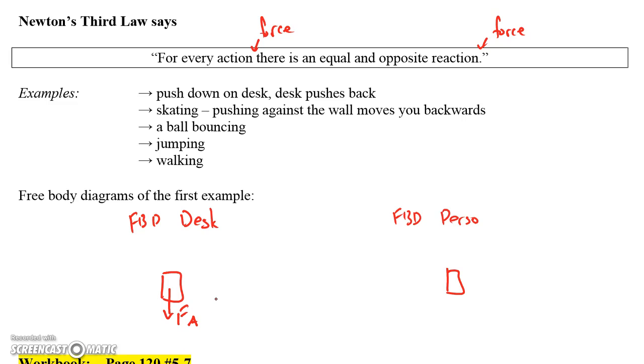The person, if you push down on the desk, you feel pushed up, which is why if you're doing strength workouts, if you push down on something, your body tends to go up. Just like if you're doing a workout, you're pushing down, you get forced up. So the person feels a force of equal and opposite direction.